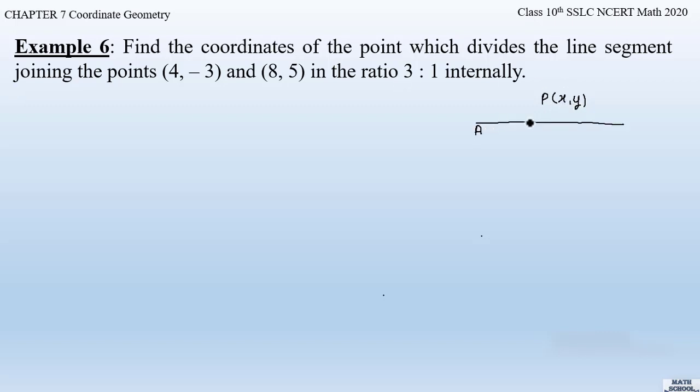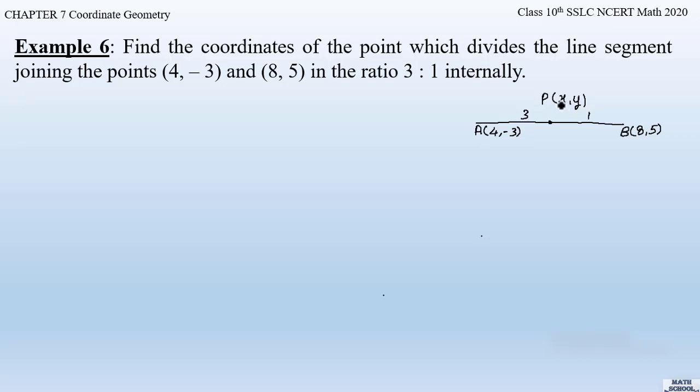If we consider this line as AB whose coordinates are given as (4, -3) and (8, 5), then this point P divides the line AB in the ratio 3:1 internally. The coordinates of points A and B are given, so we have to find the coordinates of this point P.